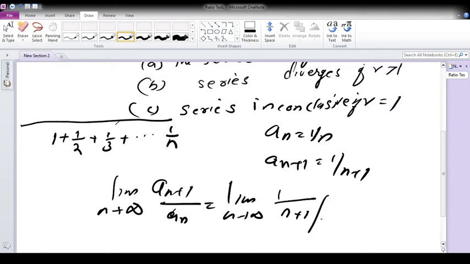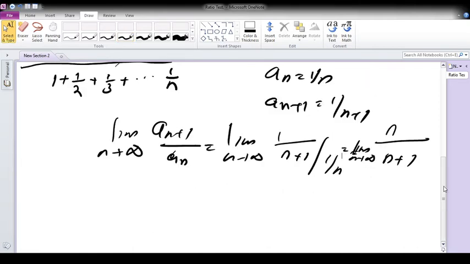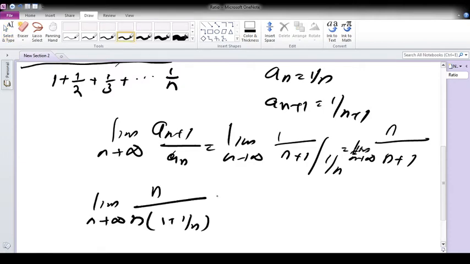That can be written as n into n plus 1. Limit as n tends to infinity of n by n plus 1. Taking n outside, 1 by n cancelled, the limit as n tends to infinity of 1 by 1 plus 1 by n, that is equal to 1.